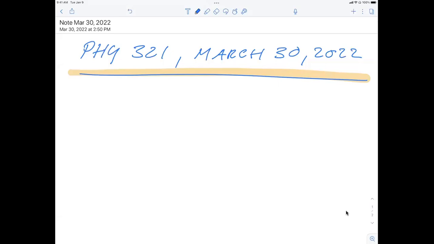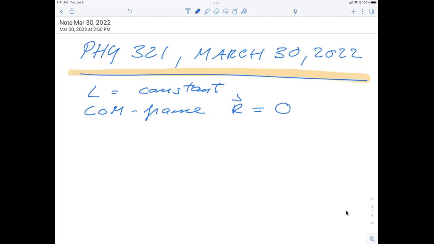And let us quickly remind ourselves about some of the things which we have seen. When we have internal forces, what we found is that L is a constant, so it's conserved. We chose something which we call the center of mass frame. That means that we just translated the system so that the center of mass position is equal to 0.